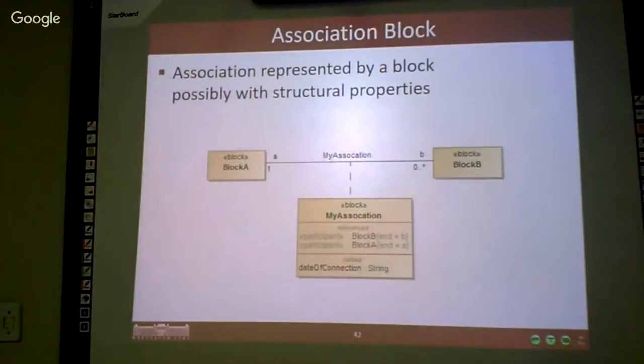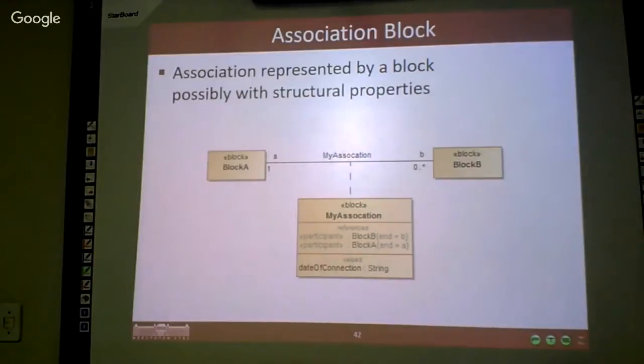And you can also use association blocks. That is an extension, where to an association, you define a block that will contain the properties of that association.